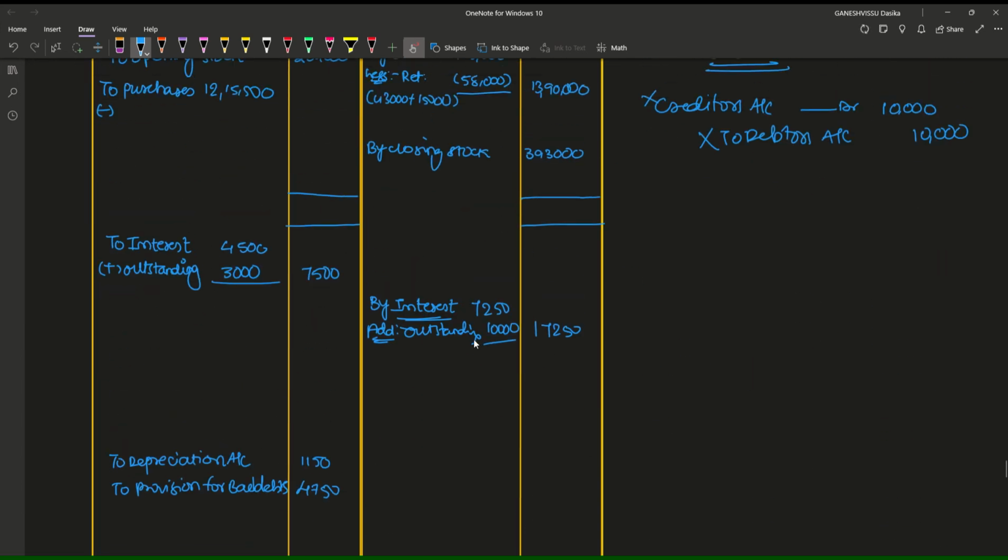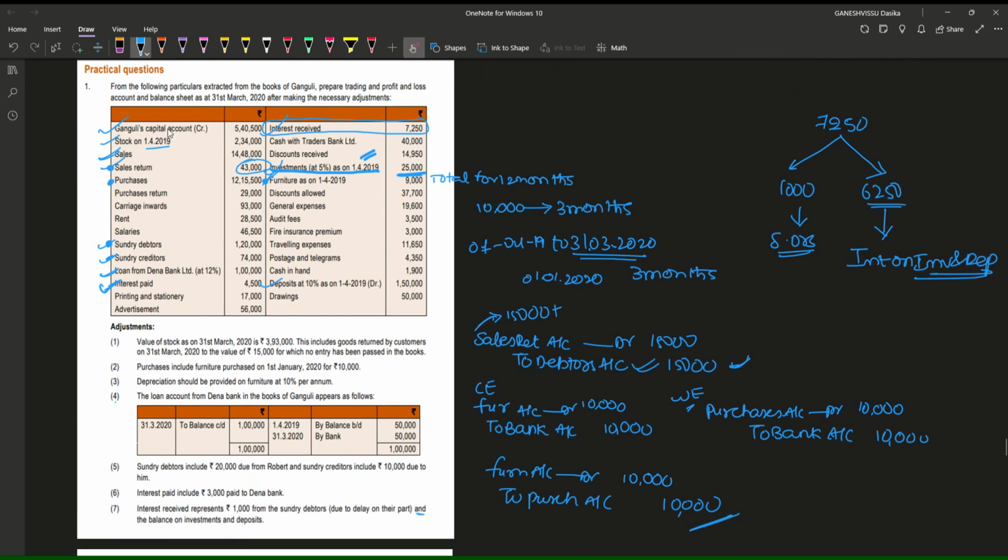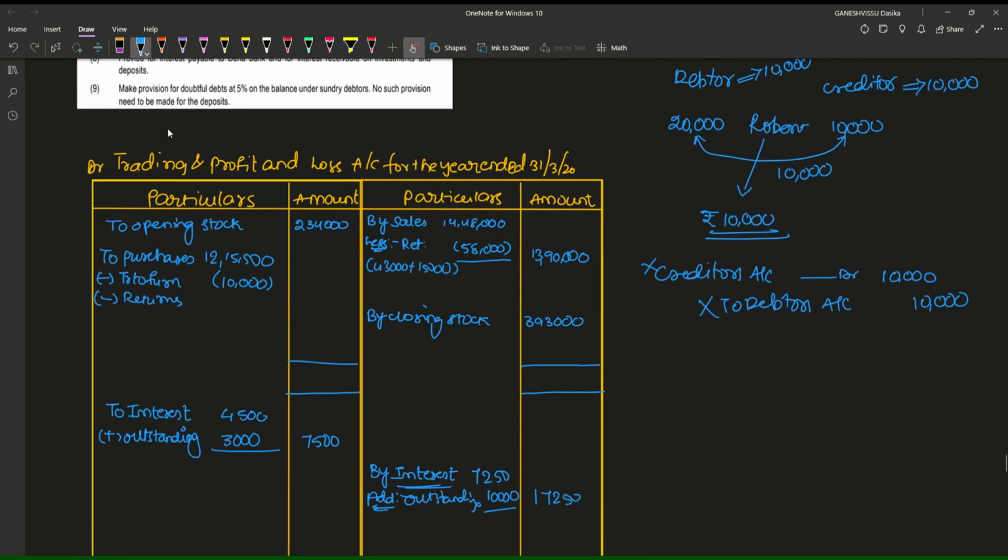Transfer to furniture by 10,000 rupees, we need to deduct that first. And also we need to deduct purchase returns. What is the purchase returns value? 29,000 simply.